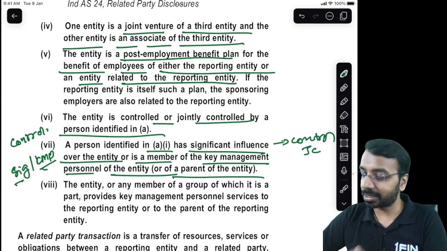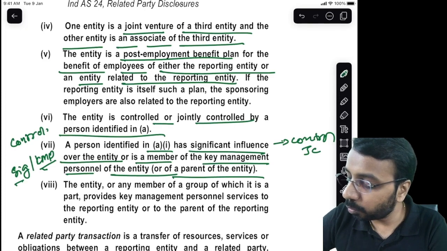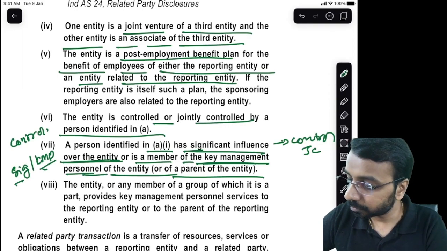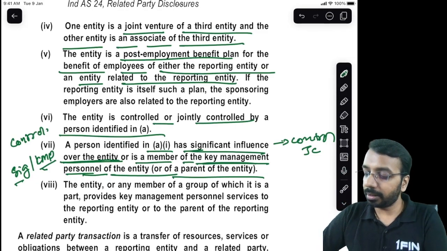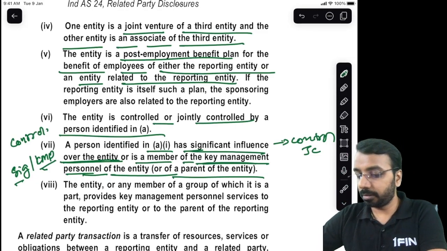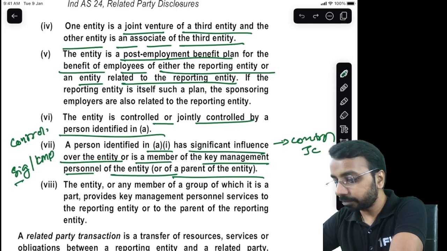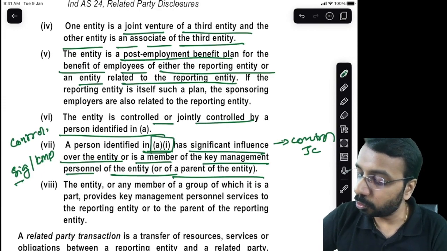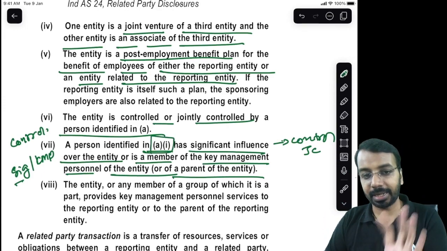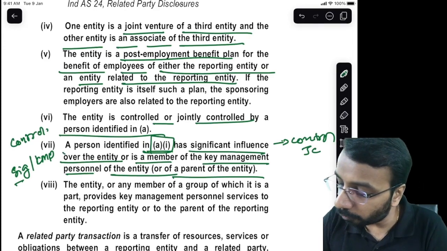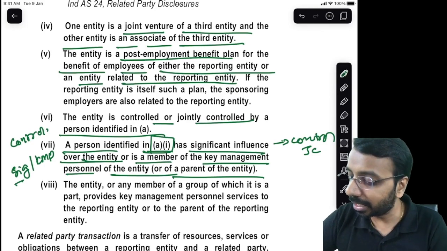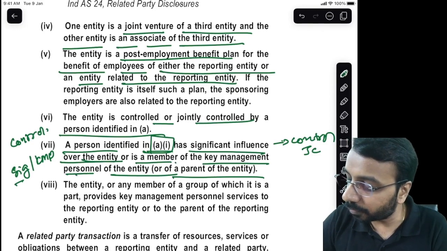Now in that case, what you need to understand is, under this category, one thing that you need to understand is, first criteria, that is you must have control or joint control. So the first criteria is control or joint control over whom? Over the entity. Here the entity means the reporting entity.